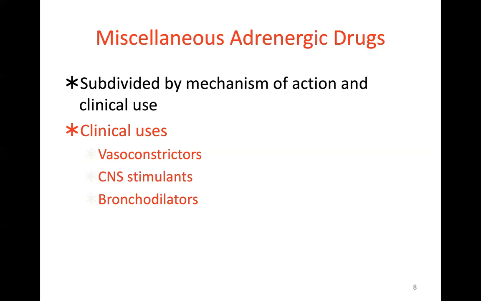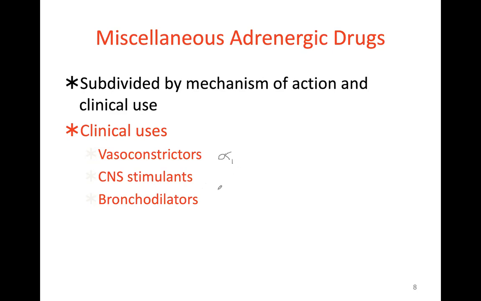So these other adrenergic drugs that we see used, they are vasoconstrictors. We're using them primarily because of their alpha-1 activity. So the vasoconstrictors are primarily defined by their alpha-1 activity.